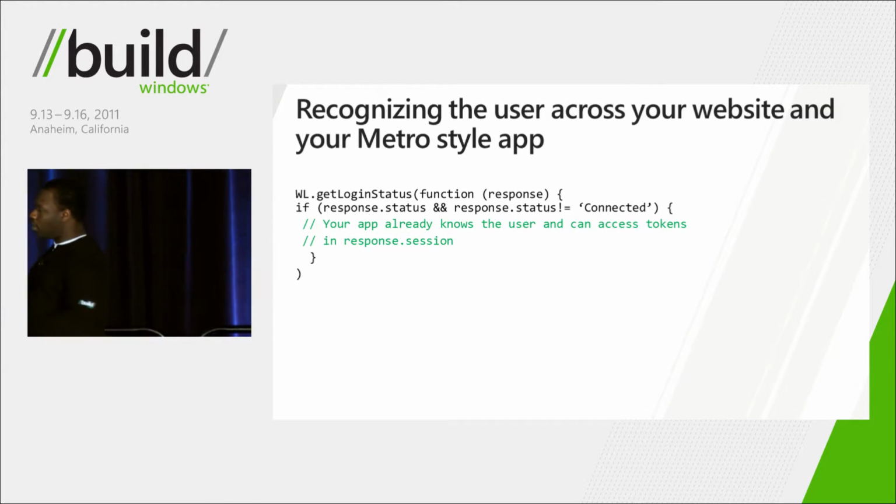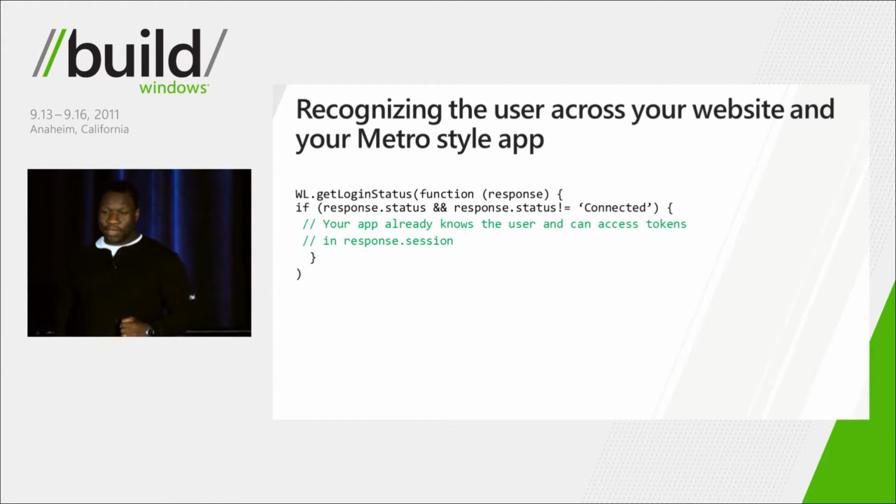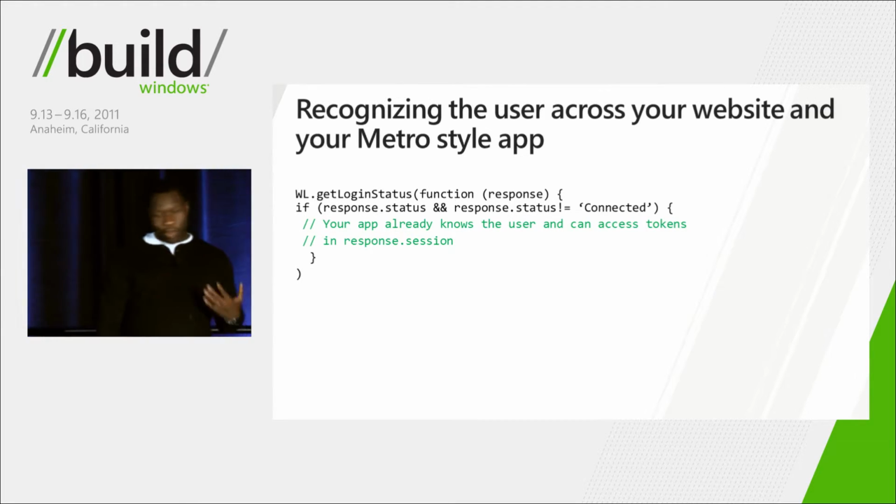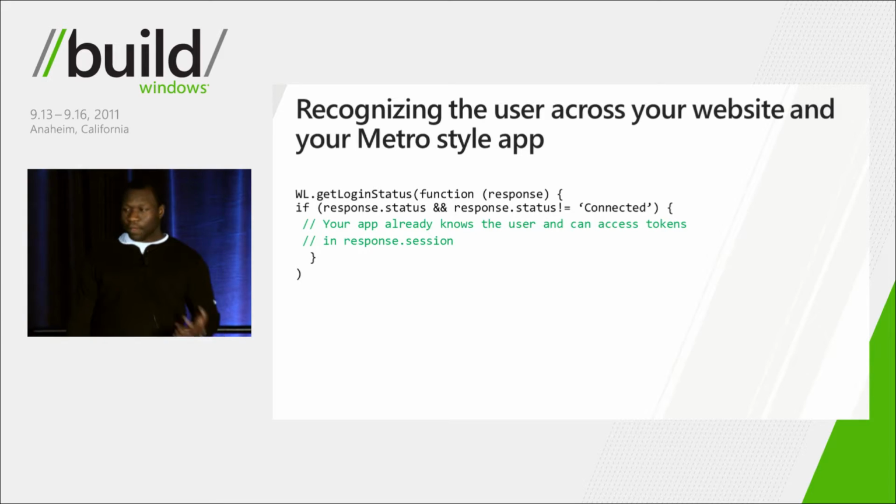That's the state the application was in when I first launched that SkyPad application and I had a sign-in button on it, because I'm a Windows Live ID user, but I'm not connected to the application. And finally, it could return connected. And when it returns connected, that means, hey, this user is signed in, and they've already given your application access to their information.